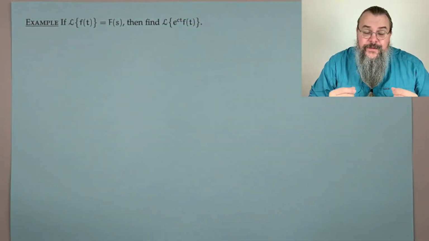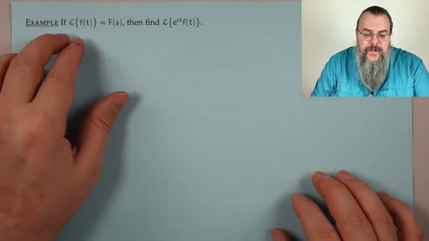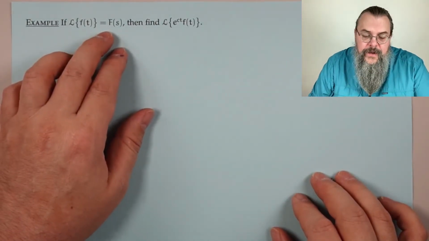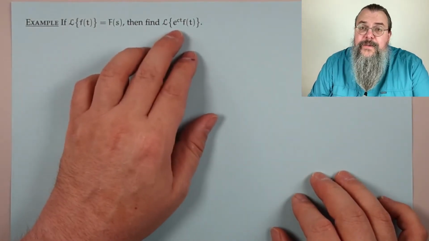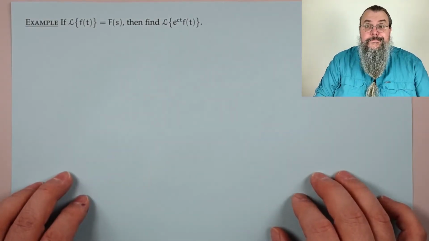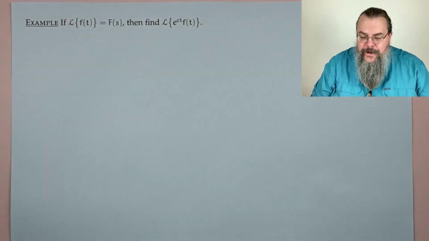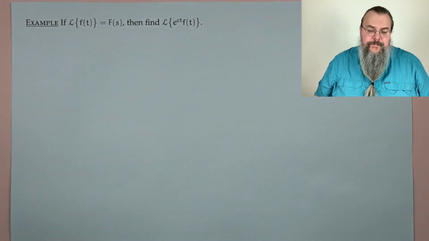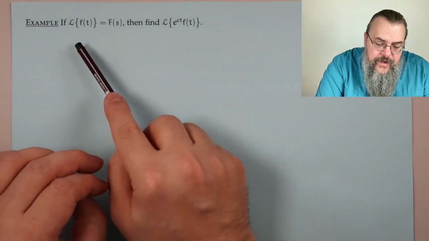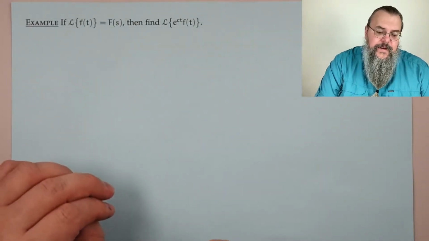Well, let's keep making more rules. So let's do the following. If the Laplace transform of f of t is some function F of s, then find the Laplace transform of e to the ct times f of t. All right, well, let's think about what's happening here. First off, what does it mean to say the Laplace transform of f of t is F of s?